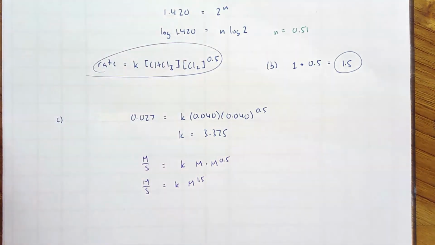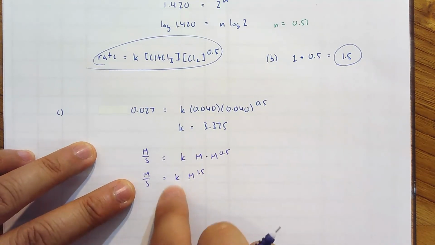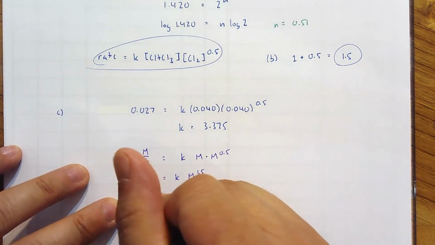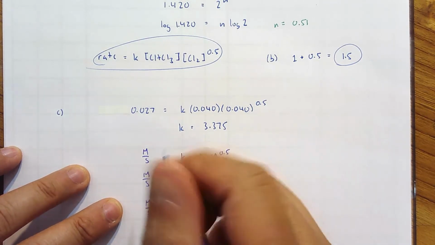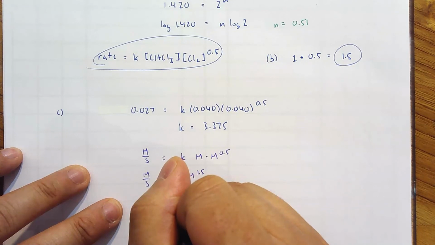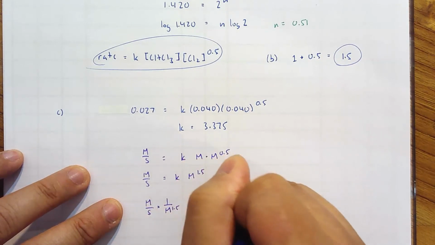Okay. I'm surprised I knew my math. How do I figure out K? So it's M over s, and you divide by this, right? So you could say times 1 over M to the 1.5 equals K.